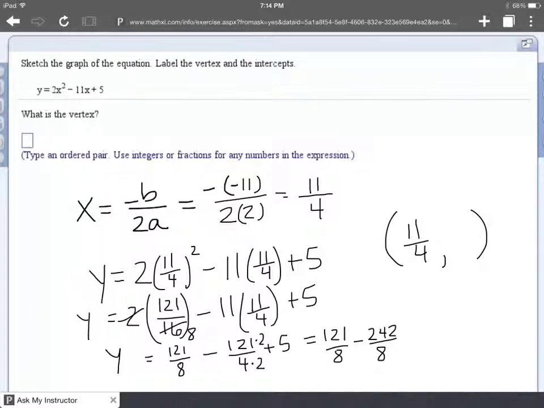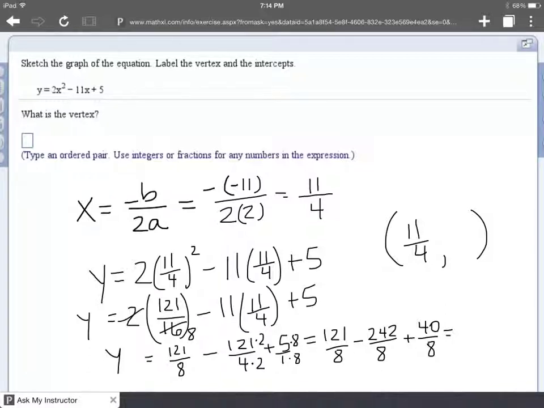And I'm going to go ahead and change my 5. It's 5 over 1, but I want it to be over 8 also. So I might as well multiply both the numerator and the denominator by 8 so that it also is a fraction with a common denominator. So I have 40 over 8. And the reason I left this all in fractions is because it tells us to use integers or fractions for any numbers in the expression. So I want to keep it as a fraction.